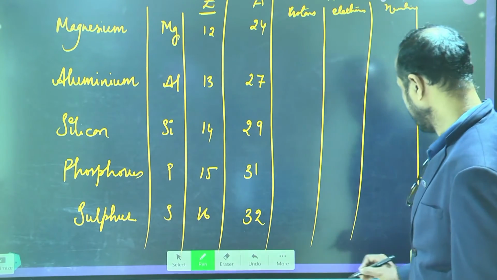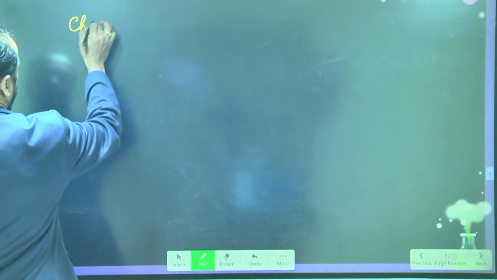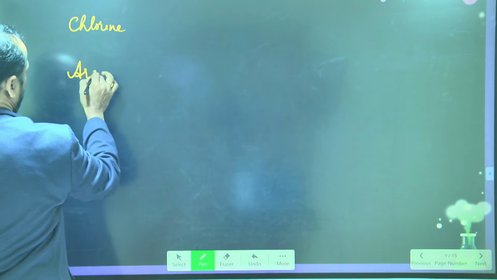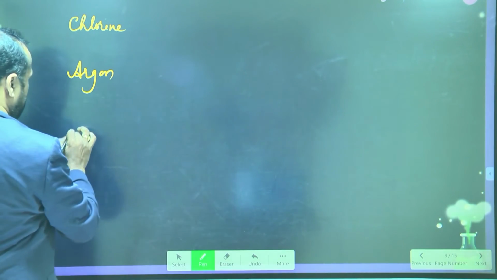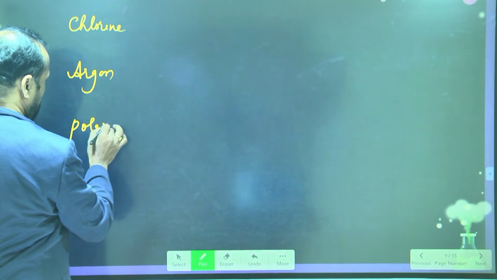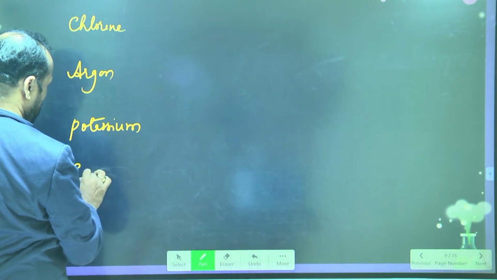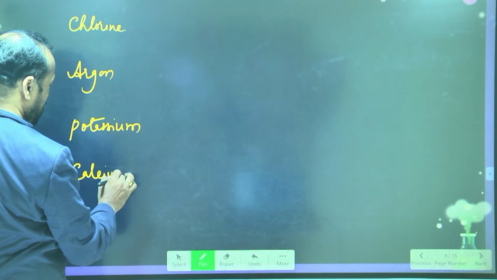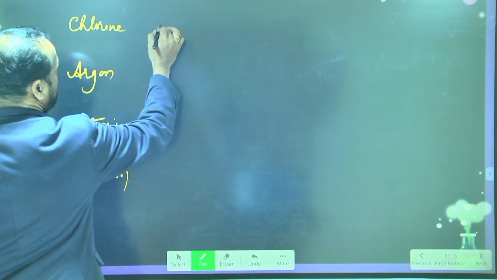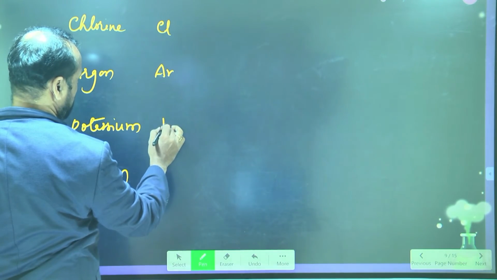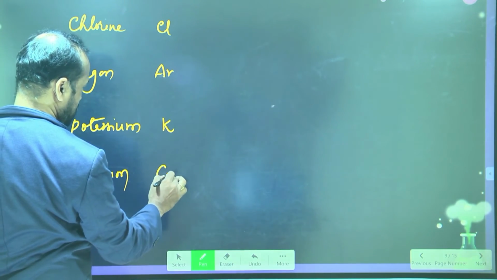Done? Okay, till sulfur we have done. Now after sulfur: chlorine, argon, potassium and calcium. First 20 elements are enough. Chlorine is Cl, argon is Ar, potassium is K, calcium is Ca.